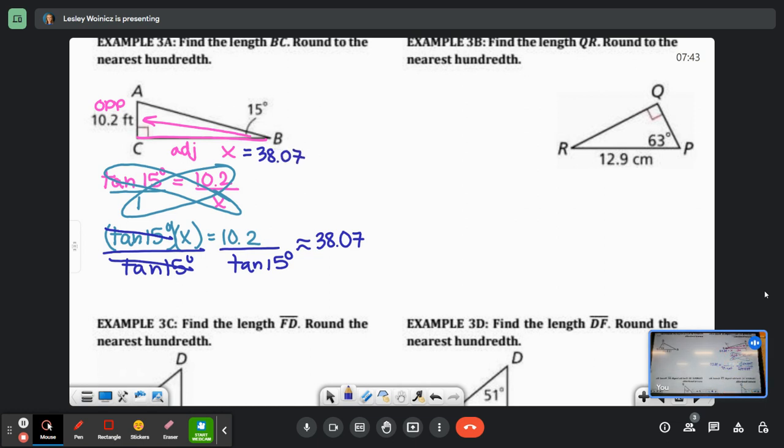Now I can check that by doing opposite over adjacent, and I should get the tangent of 15 degrees.